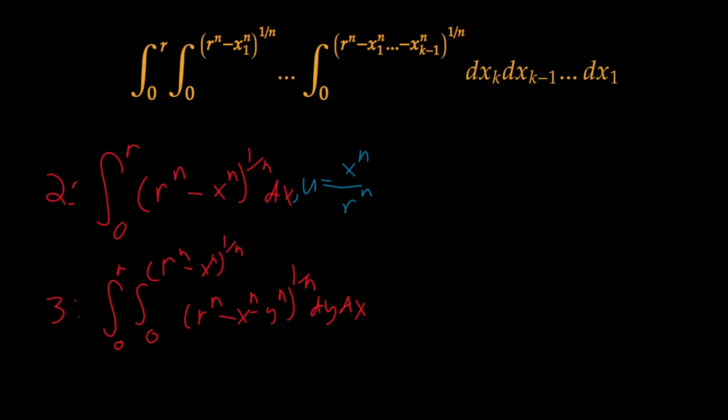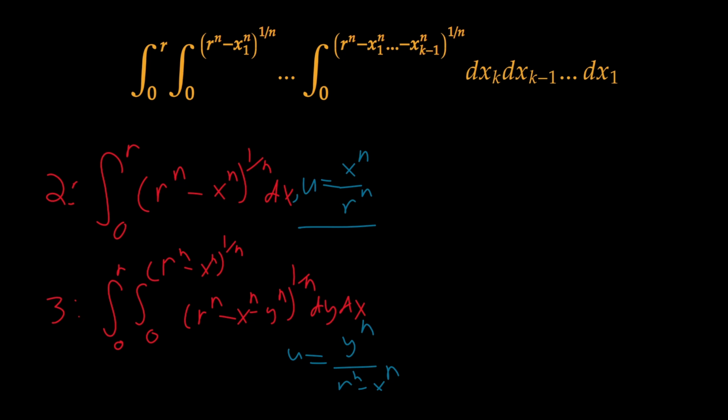Now in this 3-dimensional one, we did one substitution, say u equal y^n over r^n minus x^n. And then afterwards, we did another substitution, essentially the same as that one, to finish it off.